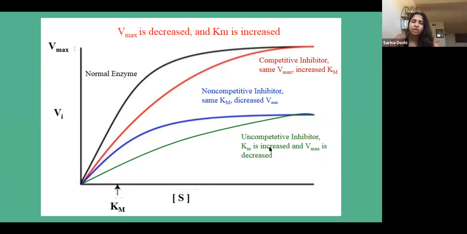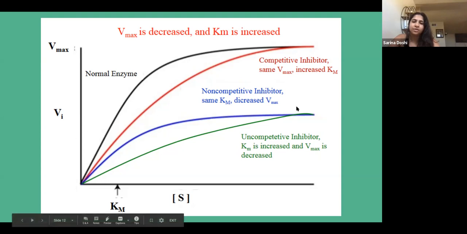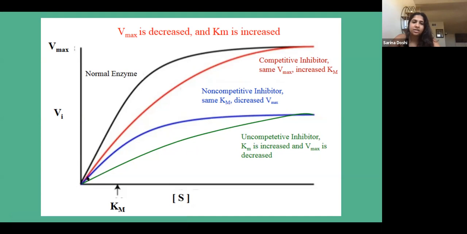An uncompetitive inhibitor shouldn't really change Vmax, but we can see that it is making it a little bit more difficult. Then we have a non-competitive inhibitor, which results in quick growth at the beginning, but it slows down a lot. Then we have a competitive inhibitor, and then a normal enzyme.